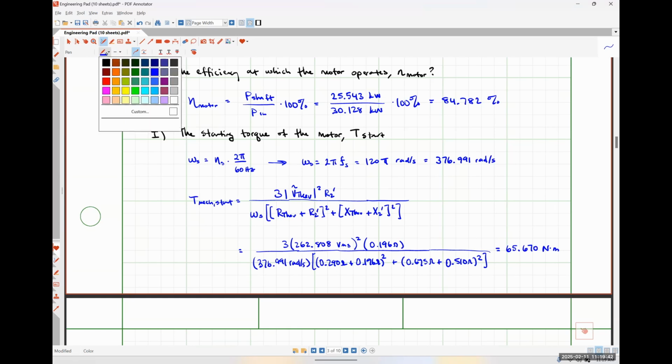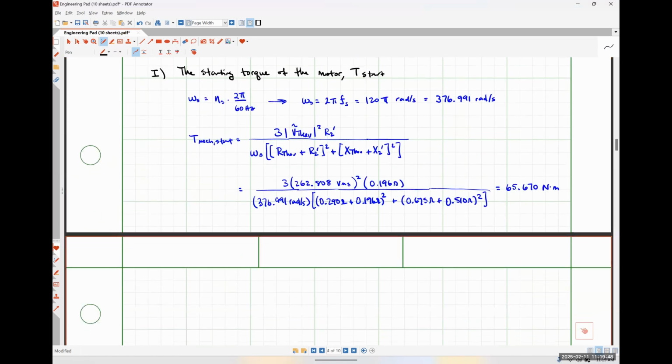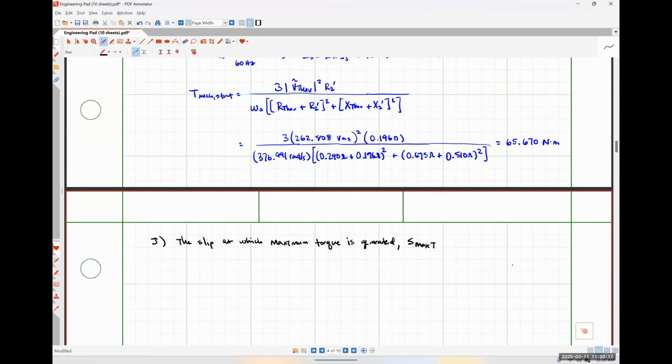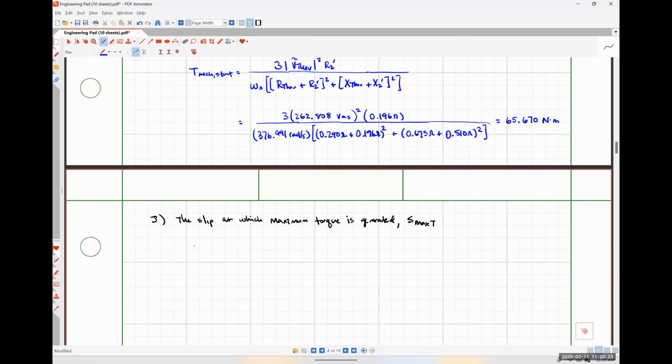Now, I'm assuming there were no questions about that direct application of that equation. Now let's find the slip at which max torque occurs. This is something that was given to you earlier today in class.